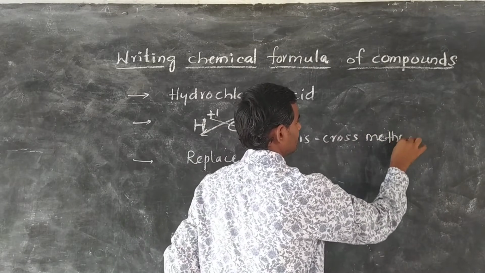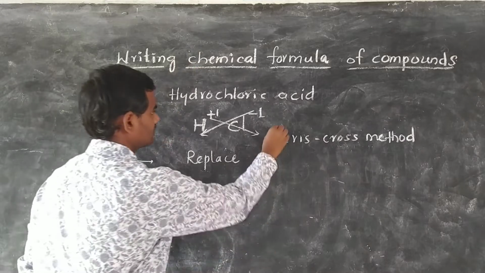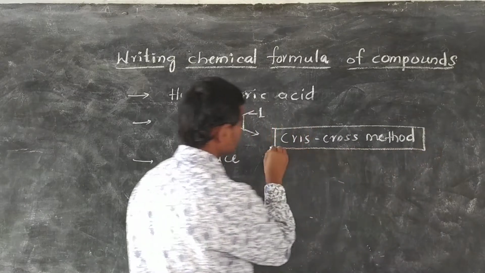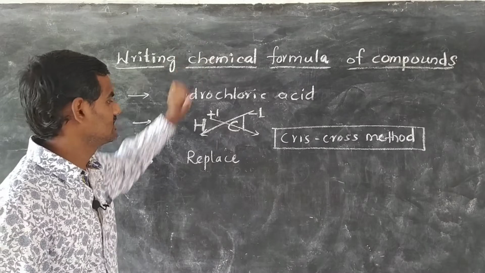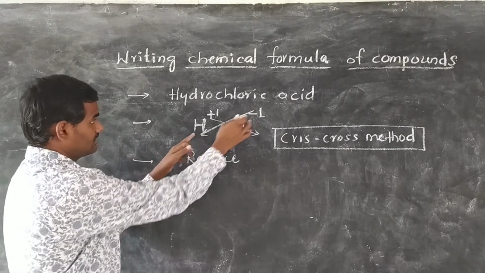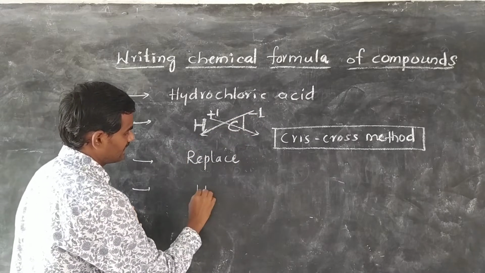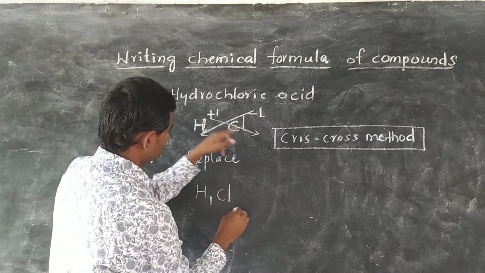So here we are following the crisscross method to write the chemical formula. By using the crisscross method, we can write the chemical formula of any compound. Here we are replacing and writing the new formula, that is H1 and Cl1.